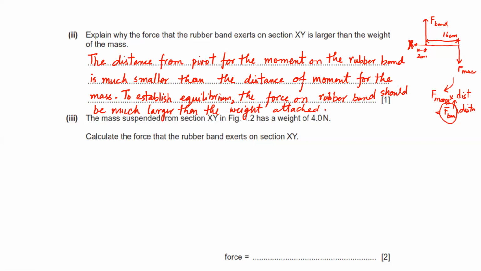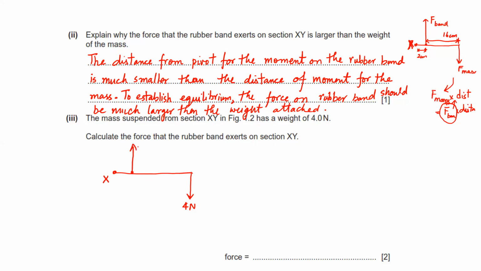Okay, so moving ahead, part 3, it says the mass suspended from section XY in figure 1.2 has a weight of 4 newtons. Calculate the force that the rubber band exerts on the XY section. So we have a system like this. This is our pivot point X. This is the mass, and this is 4 newtons acting in this direction.